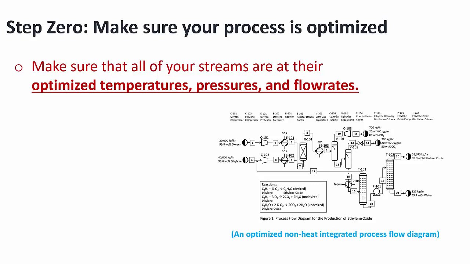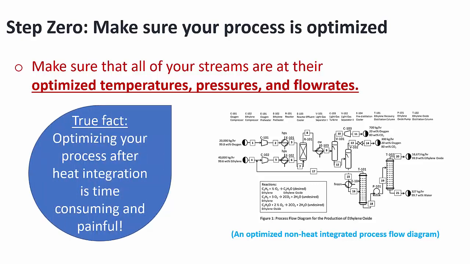The separations are exactly optimized the way that I want them to be as best that I can. And so now this process flow diagram represents a diagram that I could use for heat integration because I've optimized it as much as possible. Optimizing your process after heat integration is very, very painful, time-consuming, and difficult, so try to avoid doing that.